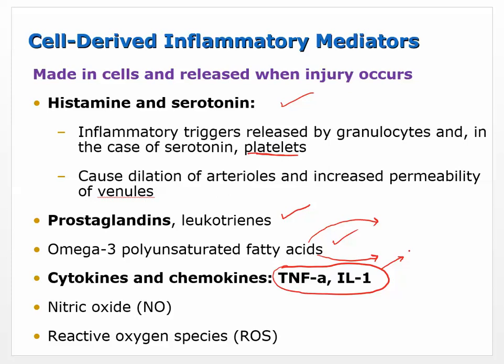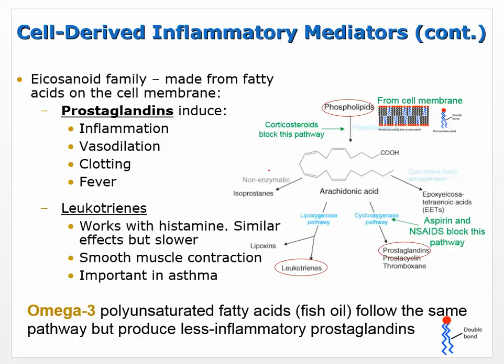If the levels of TNF-alpha are increased, then we know there's an inflammatory process going on. So this is information for us. When we test blood and see TNF-alpha levels increased, we know there's an inflammatory process going on. Nitric oxide is a vasodilator, and then reactive oxygen species are highly reactive and kind of deadly, which is why we don't want inflammation to occur for too long.